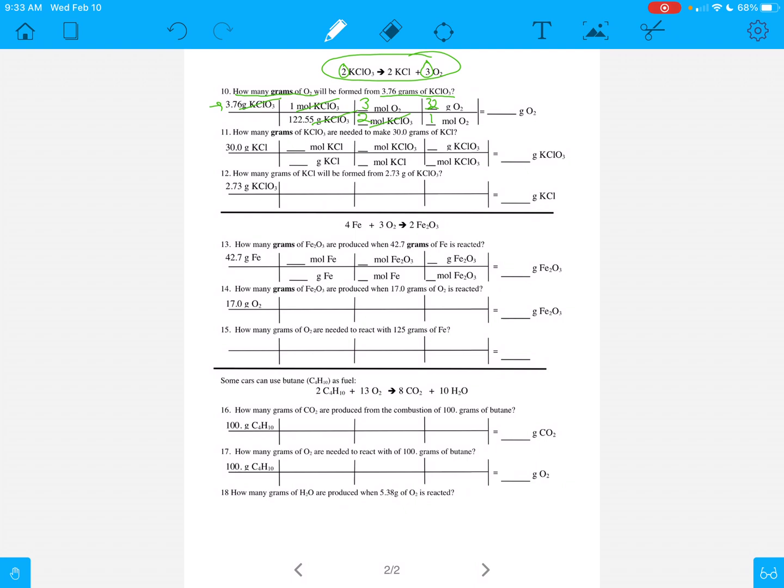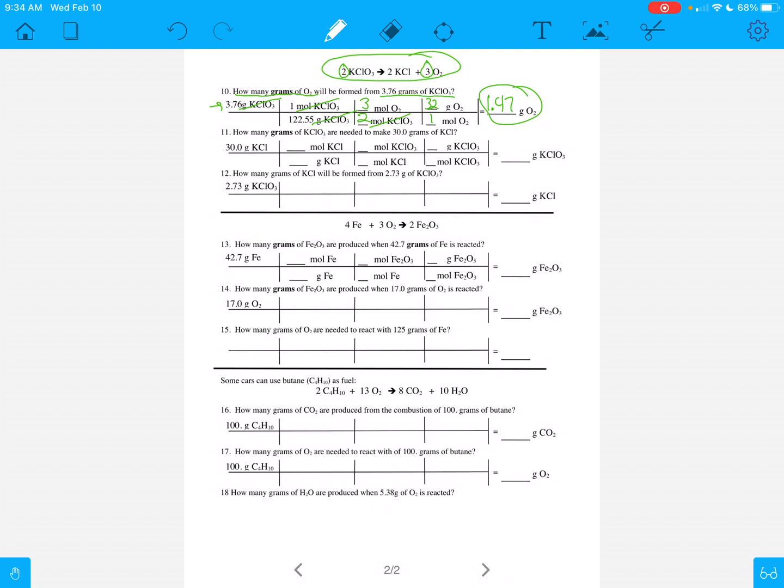The suspense, right? 3.76 times 3 times 32 divided by 122.55 divided by 2, equal button. Oh my, I get 1.47 grams of O2, and that would be my answer.